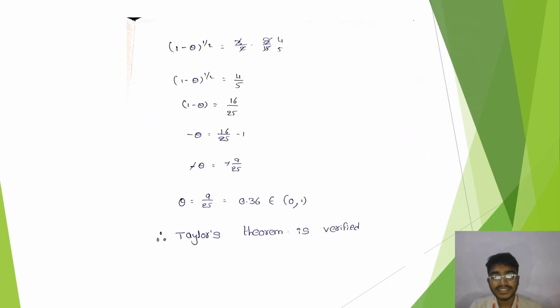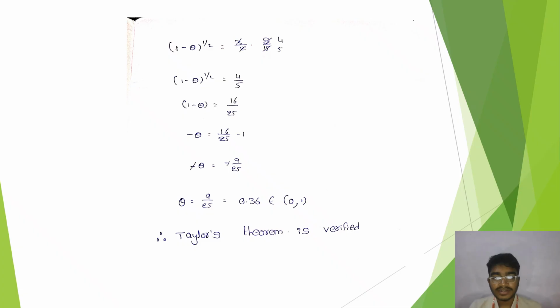Next, (1 minus theta) power 1 by 2 is equals to 3 by 2 into 8 by 15. 3 and 15 cancel, 8 and 2 cancel. So finally we get 4 by 5. (1 minus theta) whole power 1 by 2 is equals to 4 by 5. We send the power 1 by 2 to that side, then squaring, 1 minus theta is equals to 16 by 25.